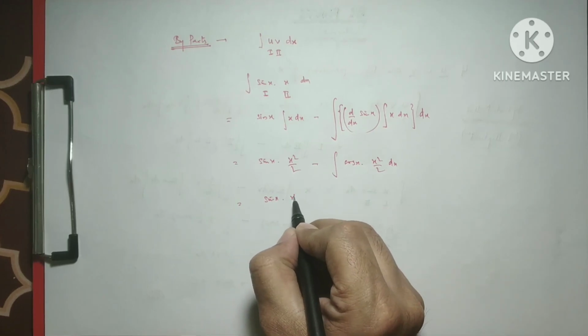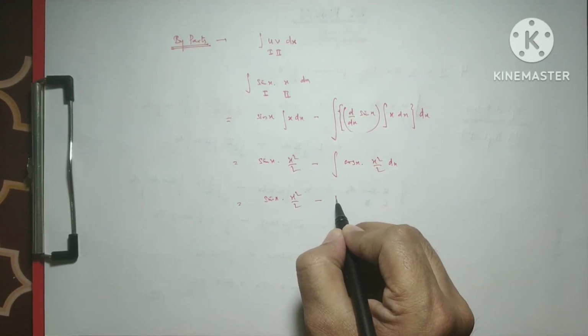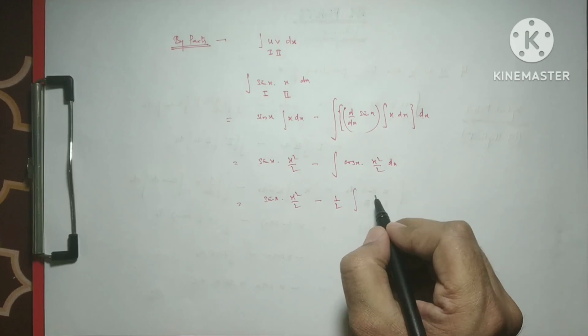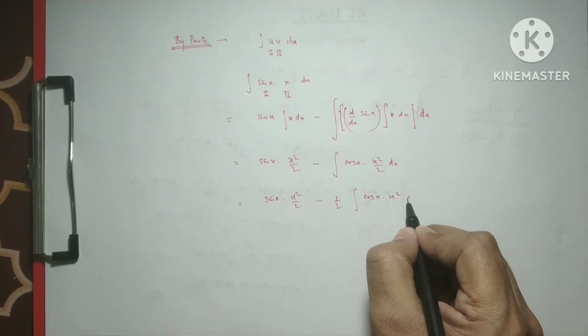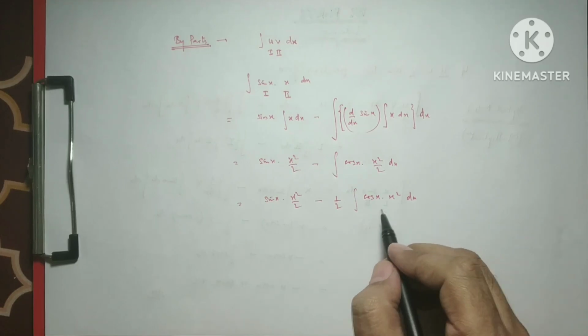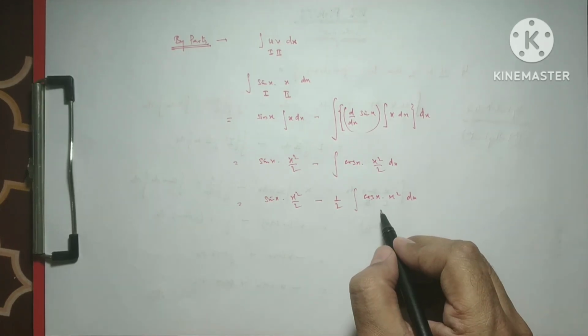Now you can observe easily, we have once again two functions in product, so we will use by parts once again.